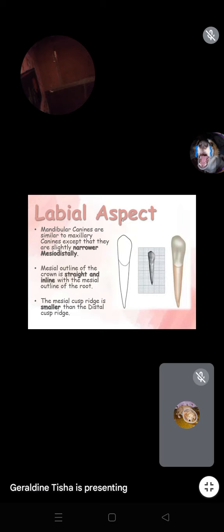Labial aspect. Mandibular canines are similar to maxillary canines except that they are slightly narrower mesiodistally. The mesial outline of the crown is straight and in line with the mesial outline of the root. The mesial cusp ridge is smaller than the distal cusp ridge.